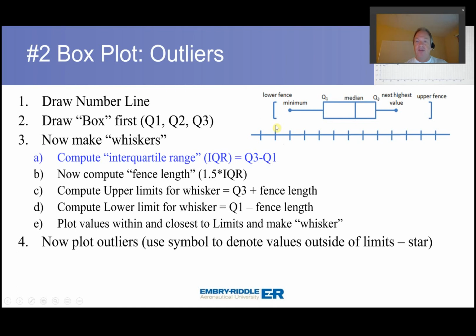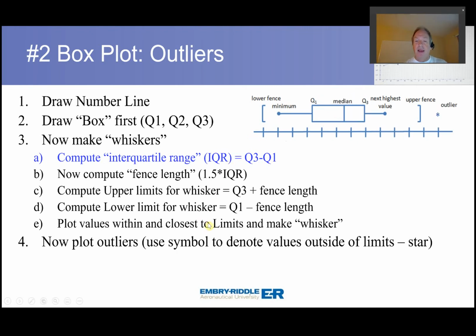But notice, this is not necessarily the lowest and the largest data value in our whole data set. These are just the largest and the smallest data values within these fence lengths. And of course, we go ahead and connect those up to the box, and that's how we get our whiskers.